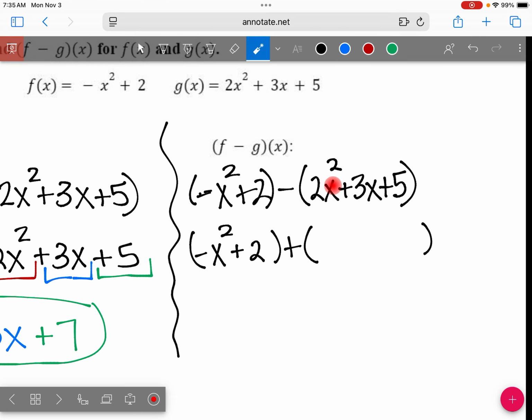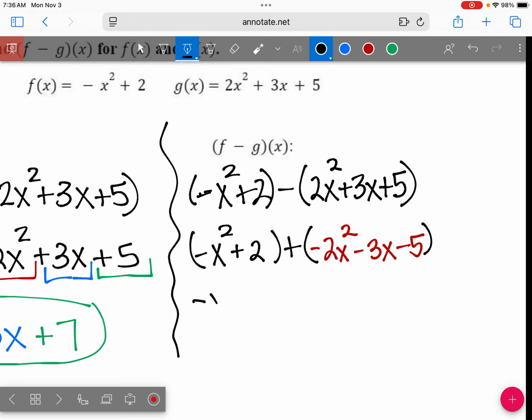So this positive 2 is going to become a what? A negative 2x squared. The plus 3x becomes a minus 3x. And the plus 5 becomes a minus 5.